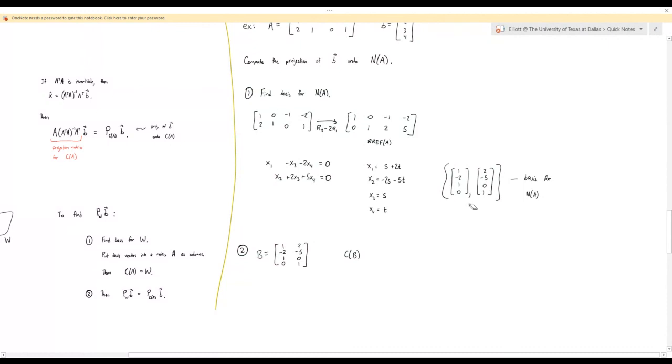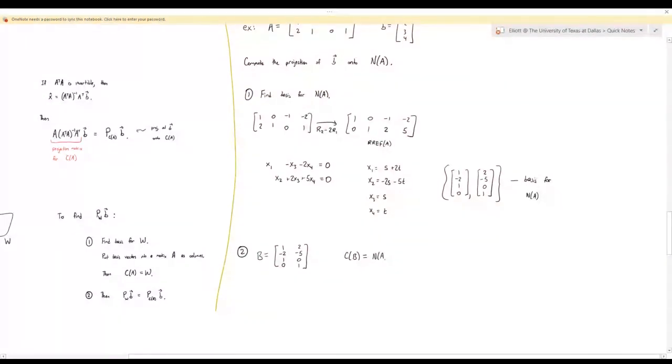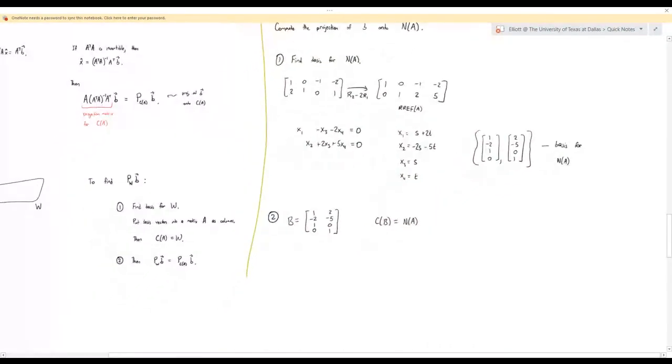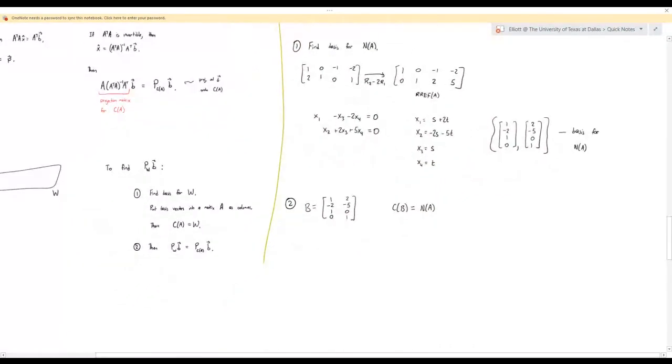So we took the basis for the null space of A. They became the columns of the matrix B over here. So the column space of B would be the null space of A, okay? And then we have this formula for projecting onto column space, okay?